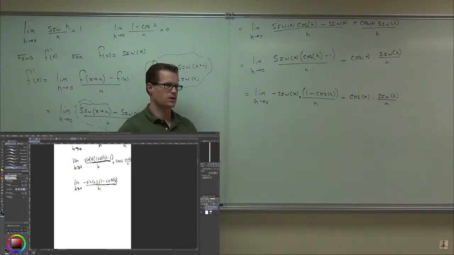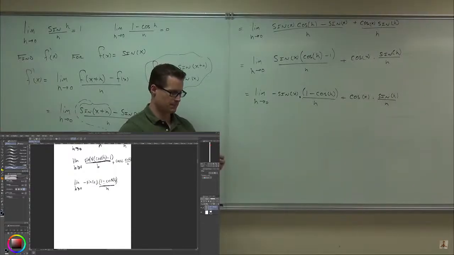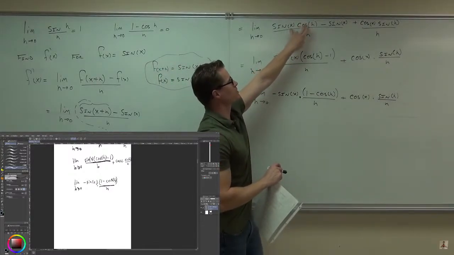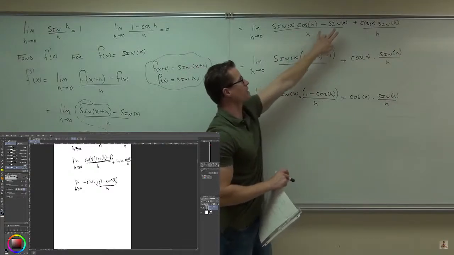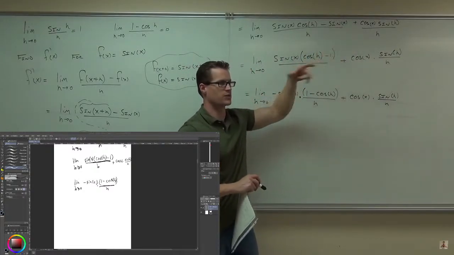Yes, no? Are you guys okay with our algebra so far? I got lost where you got the cosine h minus 1 from. I have factored out sine x from this term and that term. So if I factor out sine x, I get cosine h. If I factor out sine x, I get 1. Factoring means division, so we're dividing.